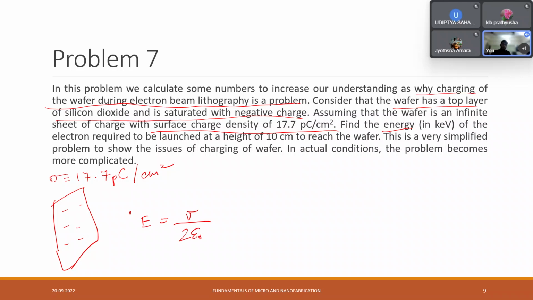For an infinite sheet of charge, it is independent of the distance from the sheet. Essentially, the height of 10 centimeter is something you can neglect, and therefore you can proceed.